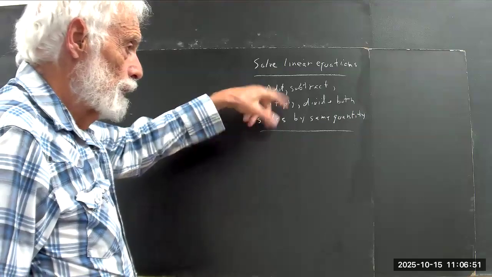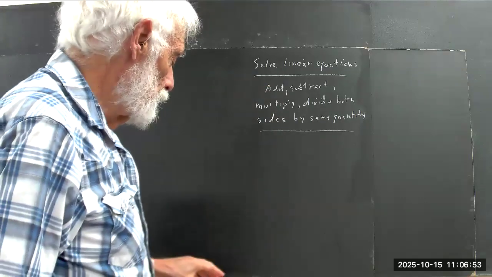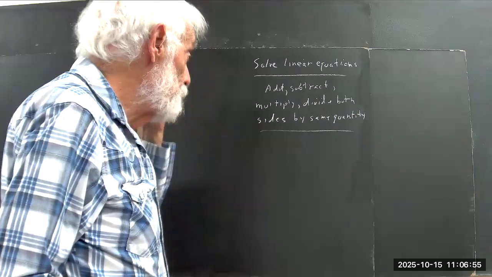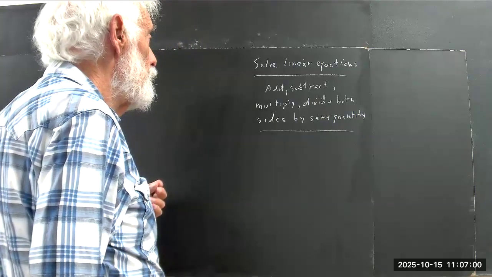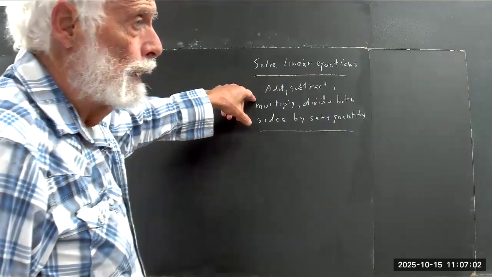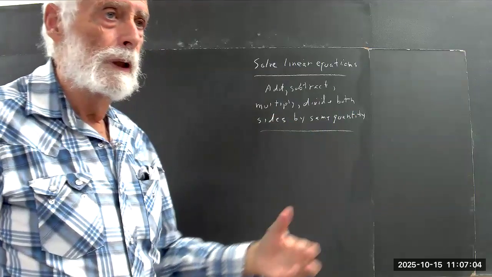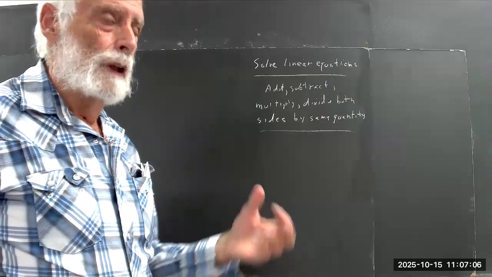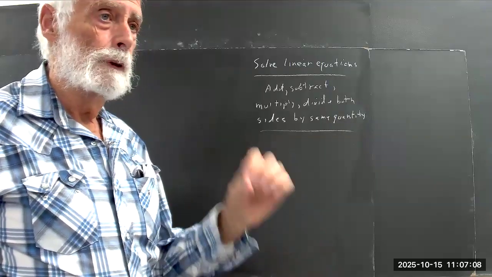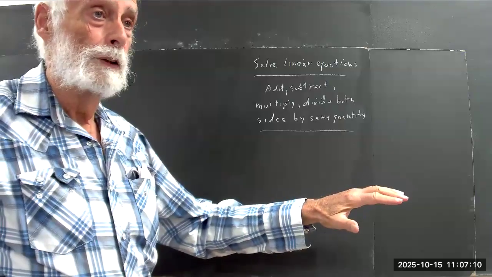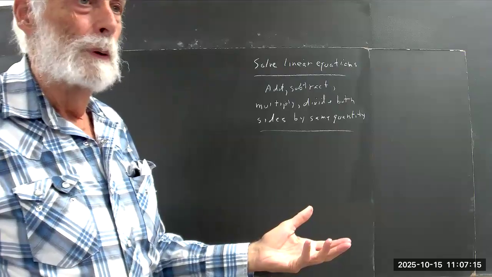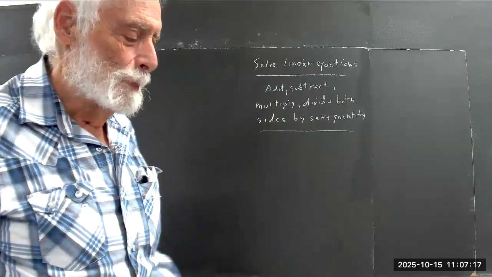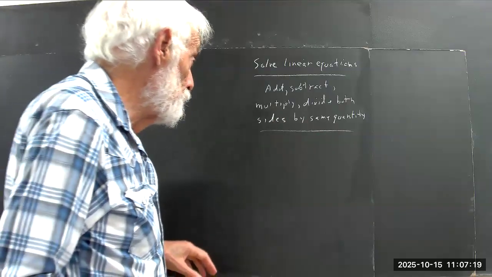The word "by" doesn't really apply universally to all those operations, but you understand what we mean. And you understand that we can't multiply by zero or divide by zero. Division by zero is forbidden, multiplication by zero wipes out all our information, and we never get a solution. Or anything solves an equation once you've multiplied it by zero, because everything gives you zero.